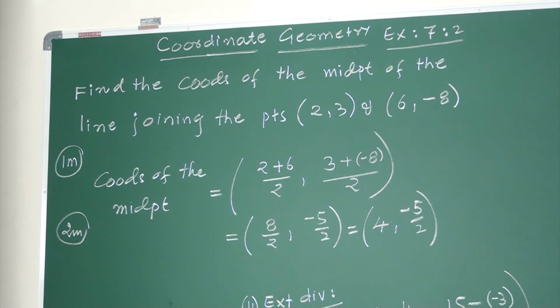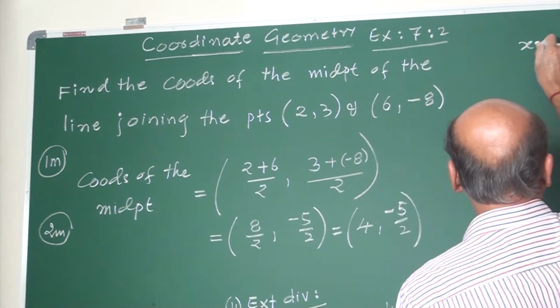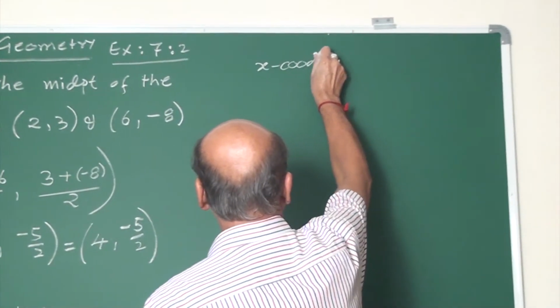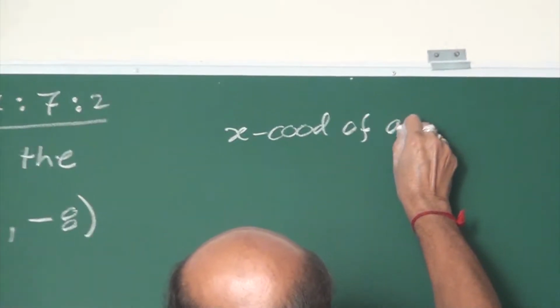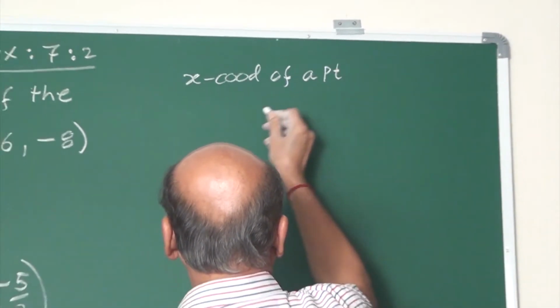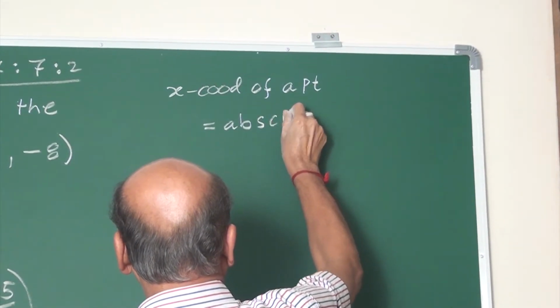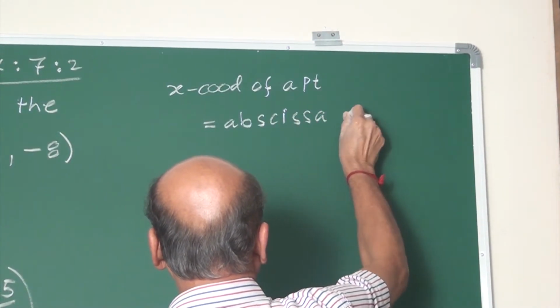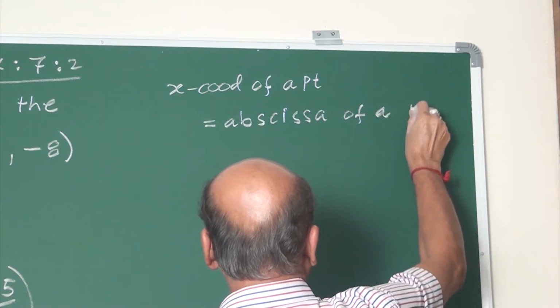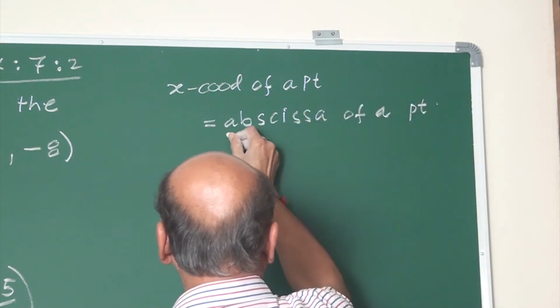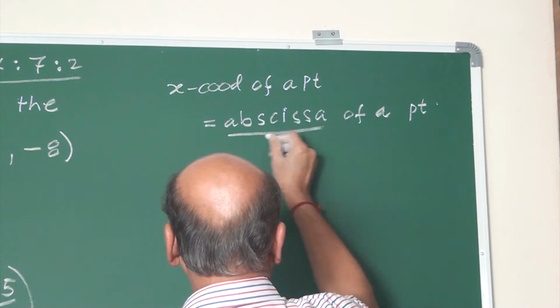We know that the x coordinate of a point is known as the abscissa of the point. Another name: abscissa. Abscissa means x coordinate of the point.